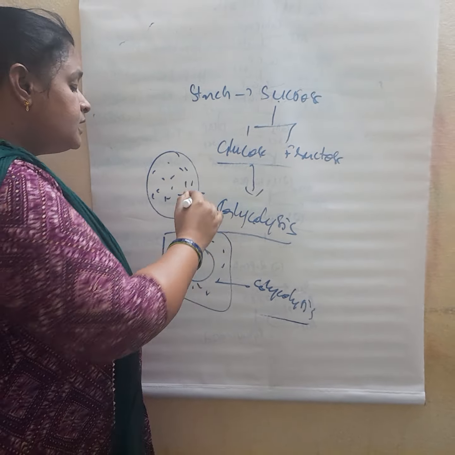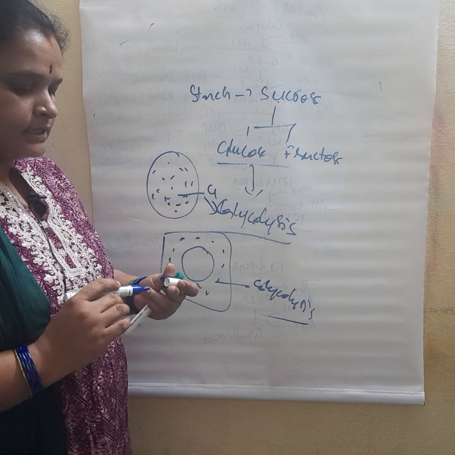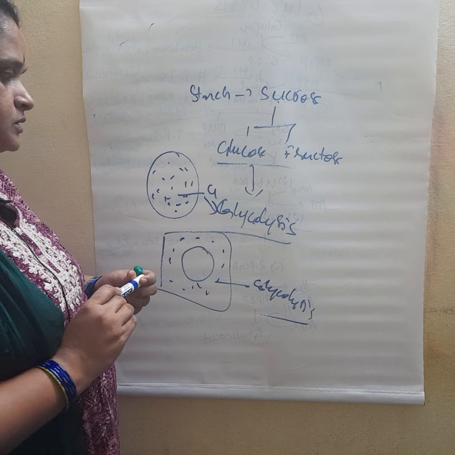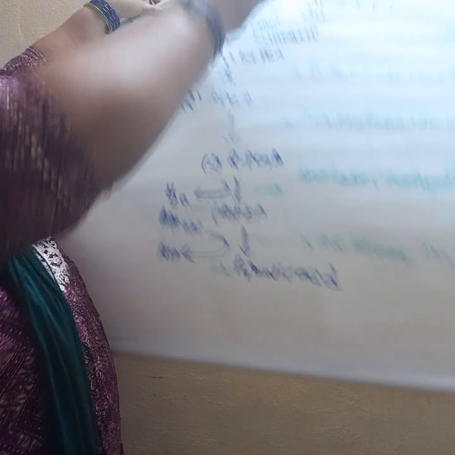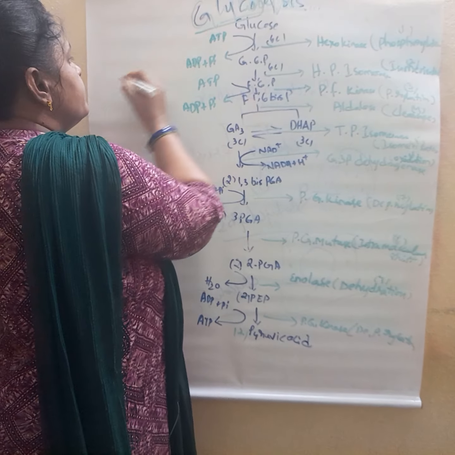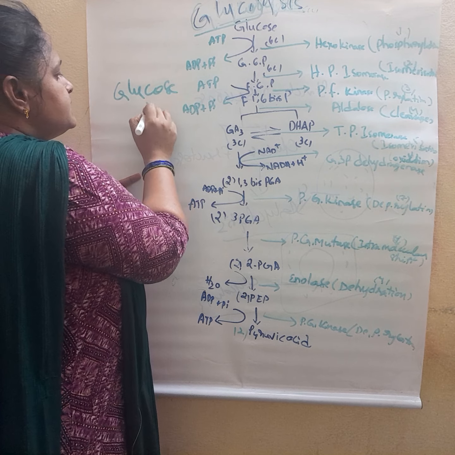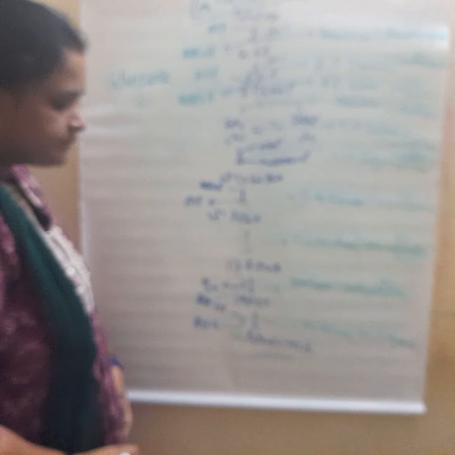That means it is a common step for both aerobic and anaerobic respiration. Okay, so where does it occur? It occurs in the cytoplasm of the cell, not concerned about eukaryotic or prokaryotic organisms. Okay, so we'll discuss glycolysis in a stepwise manner. Glycolysis: glyco means glucose, lysis means breakdown. Glucose is broken into a compound, and what is the ultimate compound?